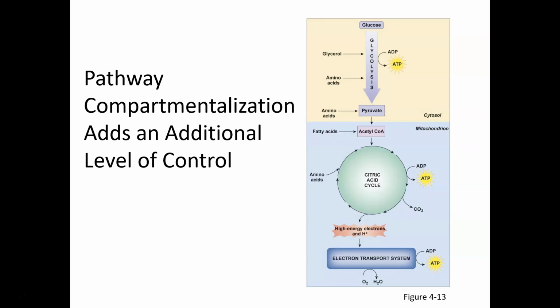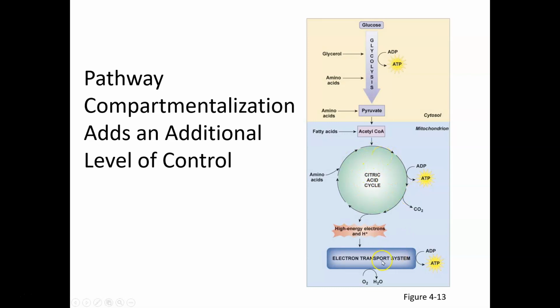Another way that we help control metabolism is compartmentation, and that adds an additional level of control. So as an example, breaking down glucose for energy, there's 3 basic steps we have to do. We have to do glycolysis, and then we have an end product of pyruvate. Pyruvate goes into the mitochondria, and then we go through the citric acid cycle there.